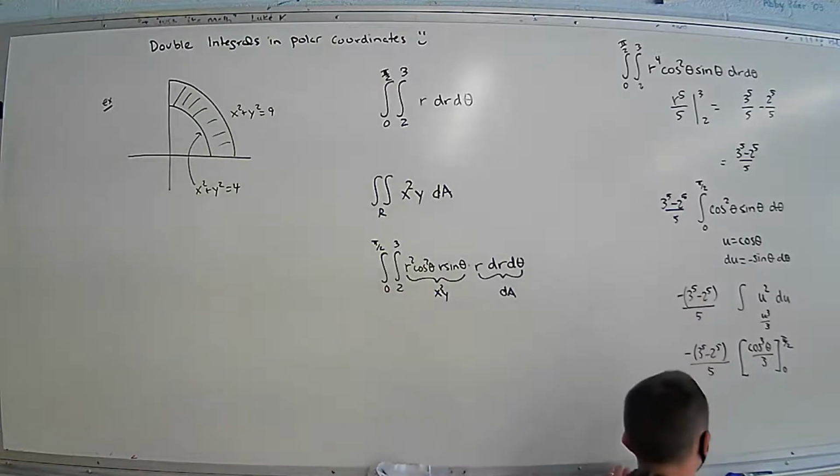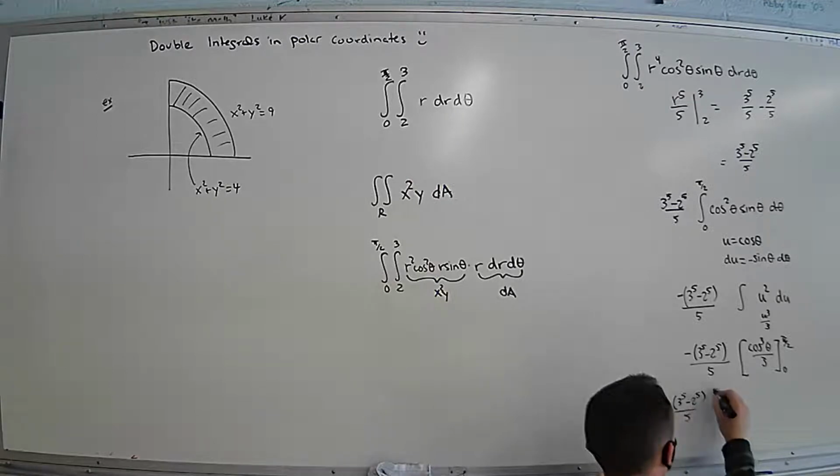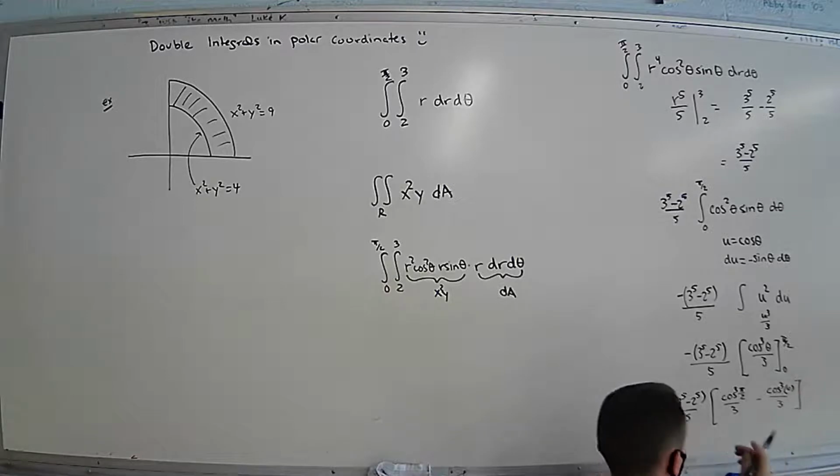So this is negative 3 to the 5th minus 2 to the 5th over 5 times cosine cubed of pi over 2 over 3 minus cosine cubed of 0 over 3. That's 0. That's 1. So this is negative 1. So this ends up being 3 to the 5th minus 2 to the 5th over 5.